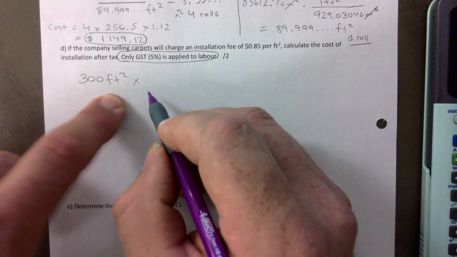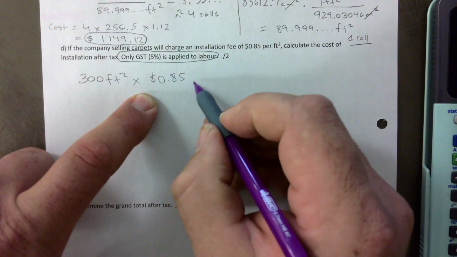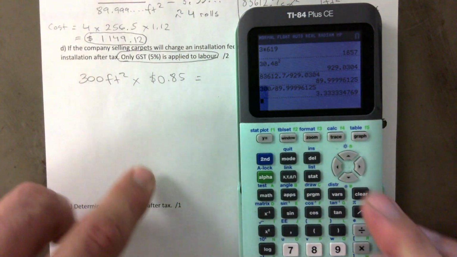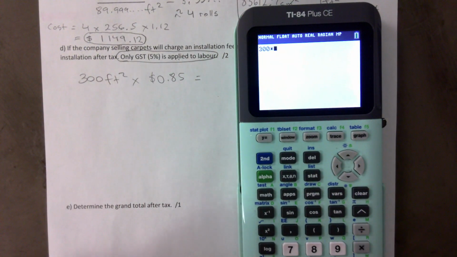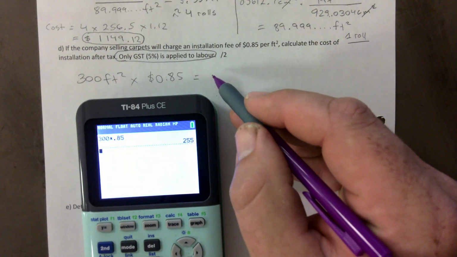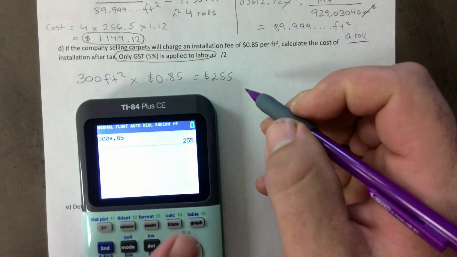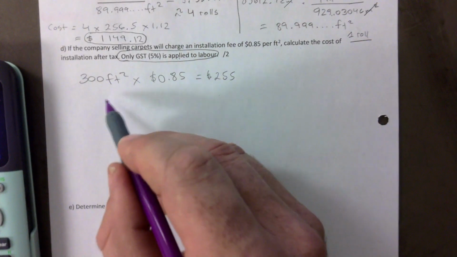We're going to multiply that by 85 cents, okay? And that's really it. The company says, well, we'll charge you per square foot of your room. So that's $255. And we're going to add taxes to that.